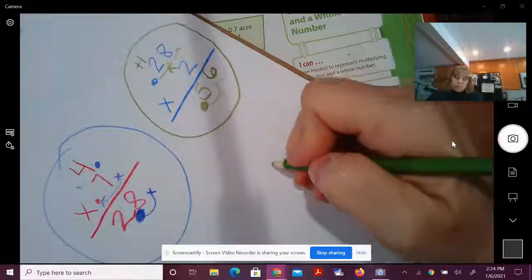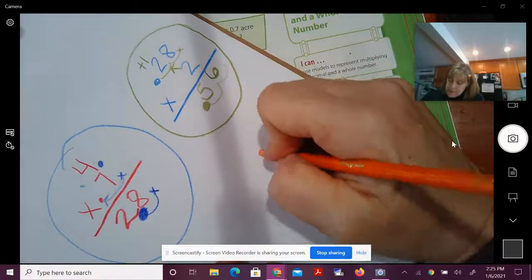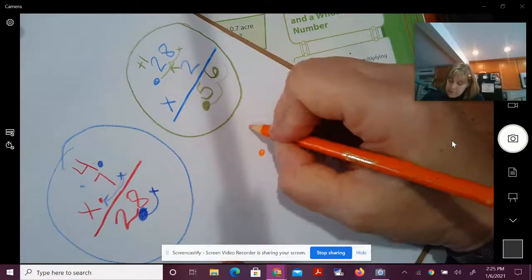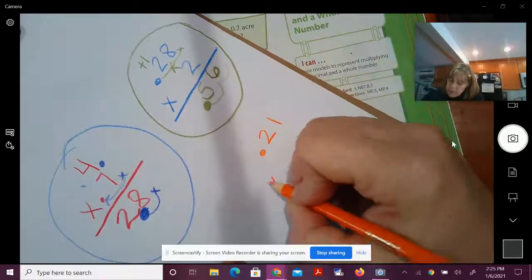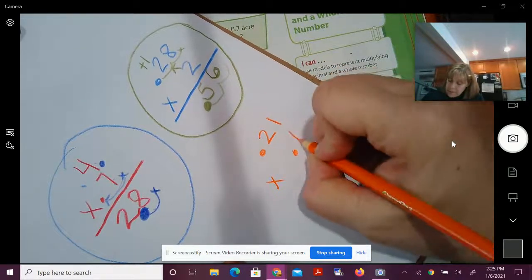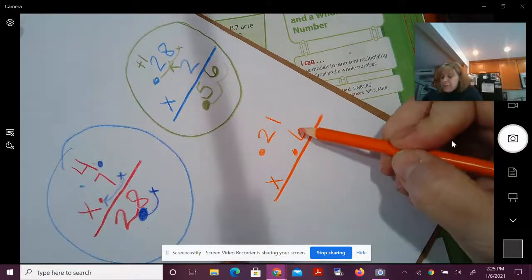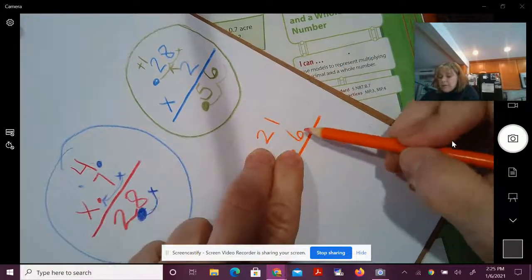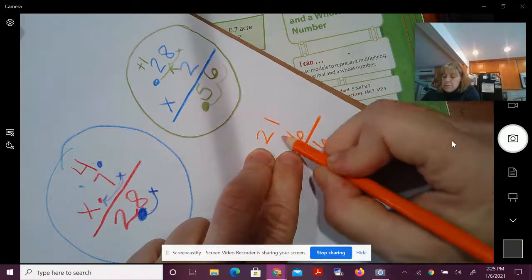So that's multiplying a decimal times a whole number. Let's say we were multiplying a decimal times a decimal. Still the exact same thing. Let's say we were doing 0.21 times 0.6, a decimal times a decimal. So we just pretend the decimals aren't there and multiply these two numbers out. 6 times 1 is 6, and 6 times 2 is 12.